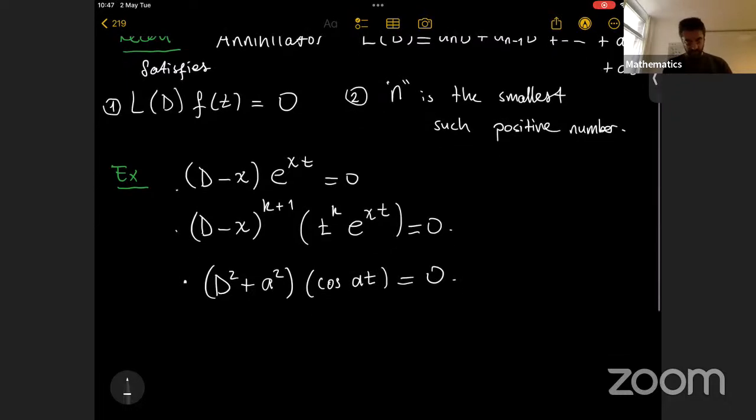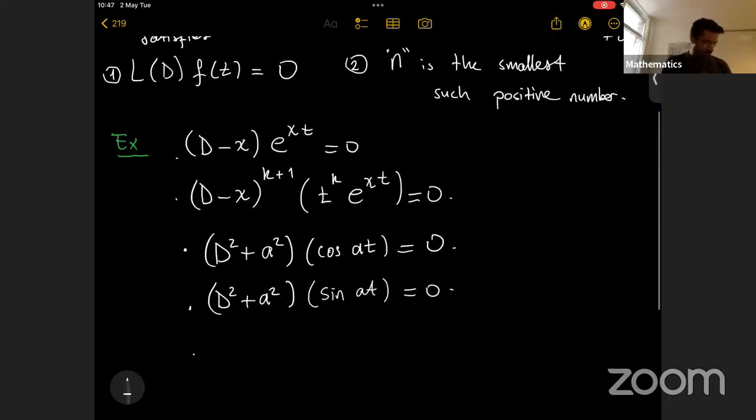And similarly for sine at, it's 0. Okay, we get that. So we stop at this point. So let's talk more about annihilators.